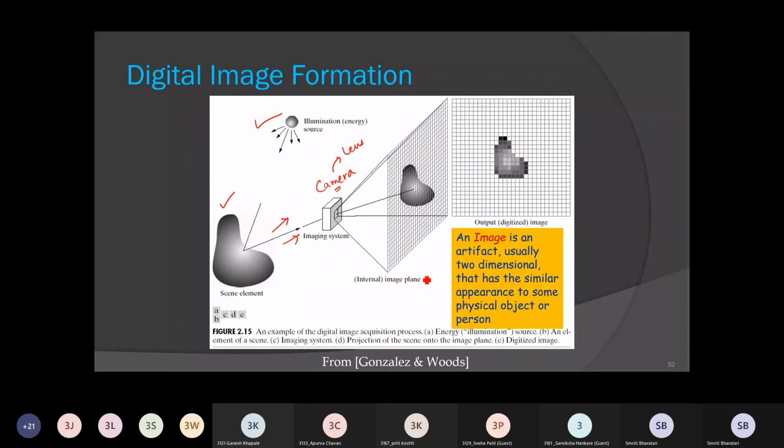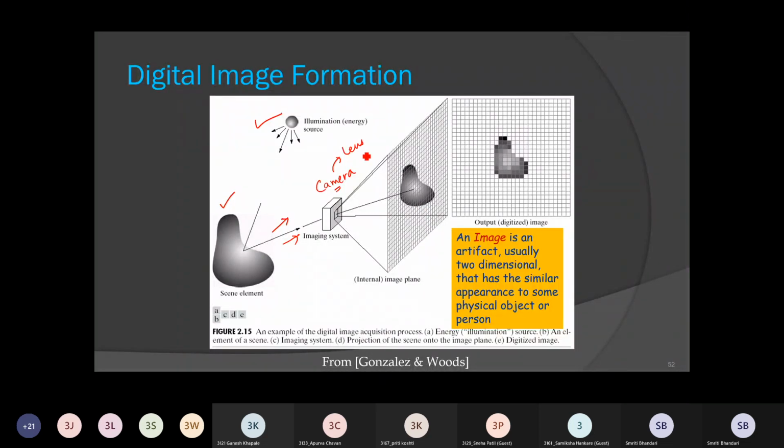Okay, so as I stated, we have the illumination energy that is light. The front end of my imaging system has the lens, and this lens projects the viewed scene onto the lens's focal plane. That is nothing but the image plane.